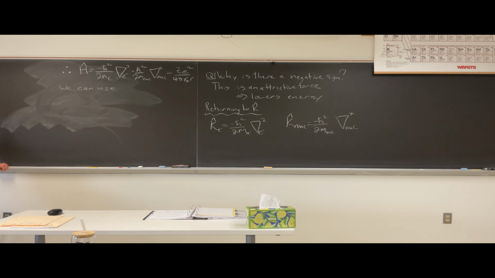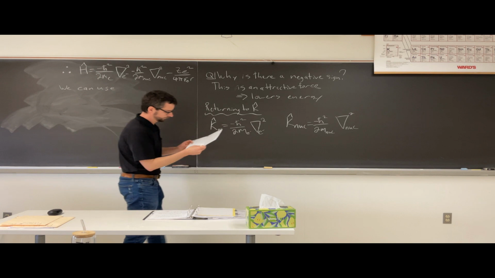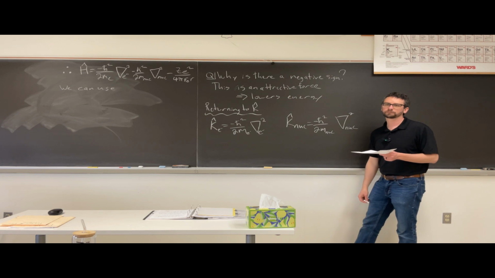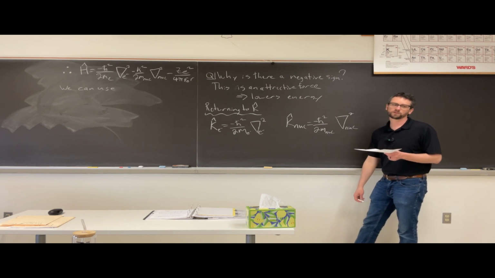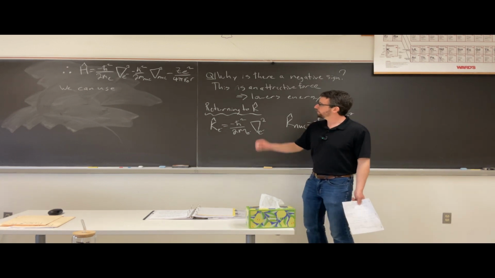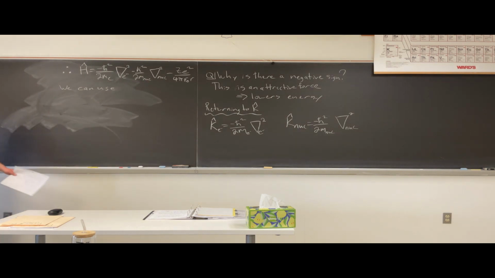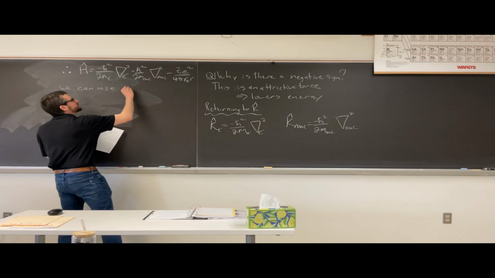What's a simple way to go from having to worry about the motion of two things to the motion of one other parameter? So we talked about it for a diatomic molecule. Yeah, it's reduced mass. We can use a reduced mass, and then we can collapse these two terms down into one. So we use reduced mass.